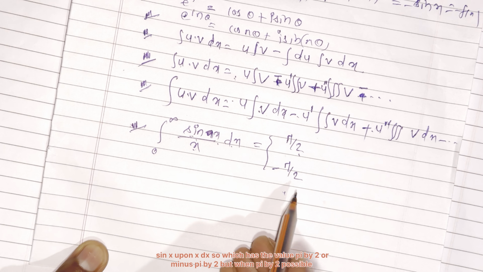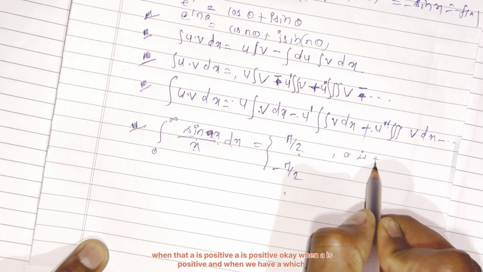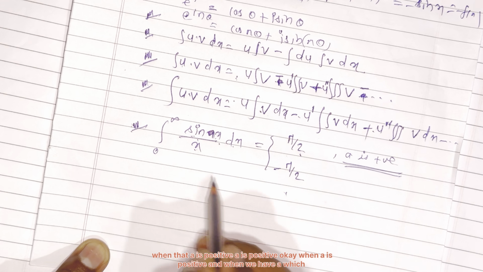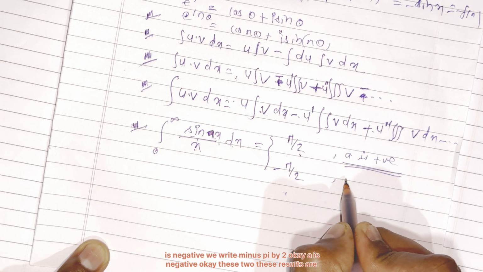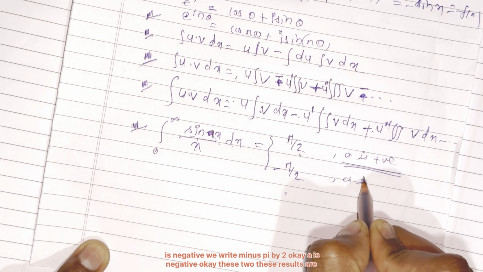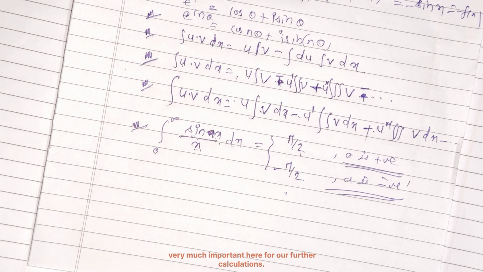It is pi by 2 when a is positive, and when a is negative, we write minus pi by 2. These results are very important for our further calculations.